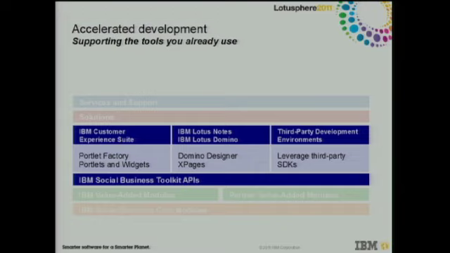Similarly, if you're a Domino developer, you can use Domino Designer plus XPages as a way to assemble these solutions and take advantage of this very rich set of APIs. But you can also leverage third-party SDKs. If you're building an iPhone app, for example, you can work with the Apple SDK and work very easily with this toolkit.